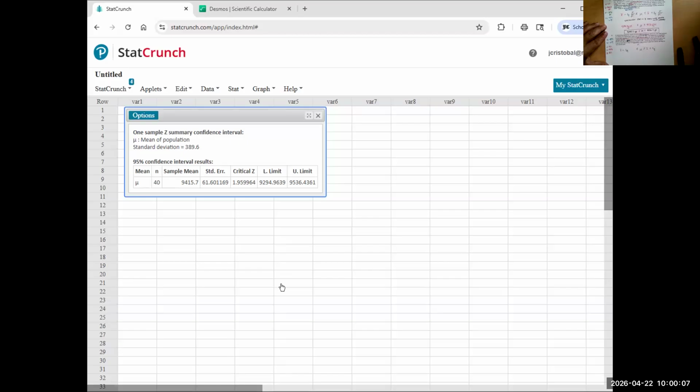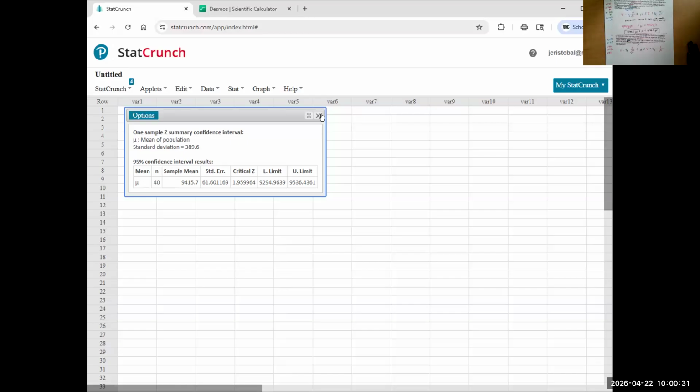And now we have our sample standard deviation s over the square root of n. So it looks very similar, of course, to what we did with our normal distribution. But now we have to be careful. If we only have a sample standard deviation, then we're using the t distribution, right?